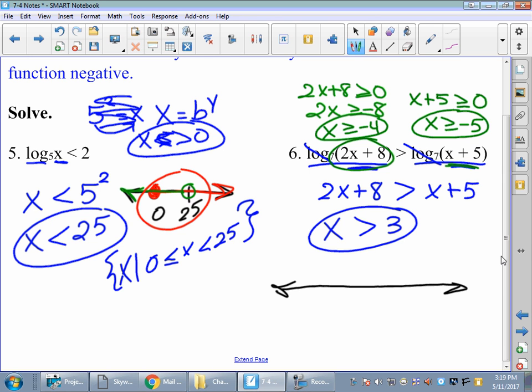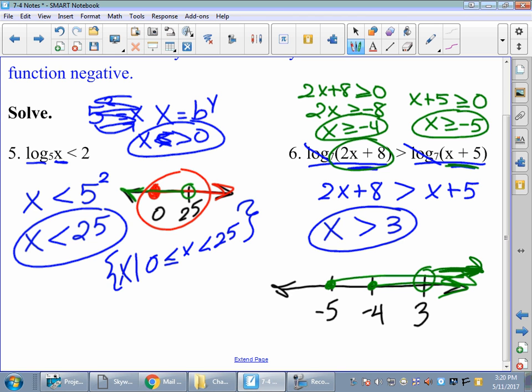So on my number line, I've got a negative 5, a negative 4, and a positive 3. In order to keep them non-negative, x has to be greater than or equal to negative 4 this way, greater than or equal to negative 5 this way, and greater than 3, which is also this way.